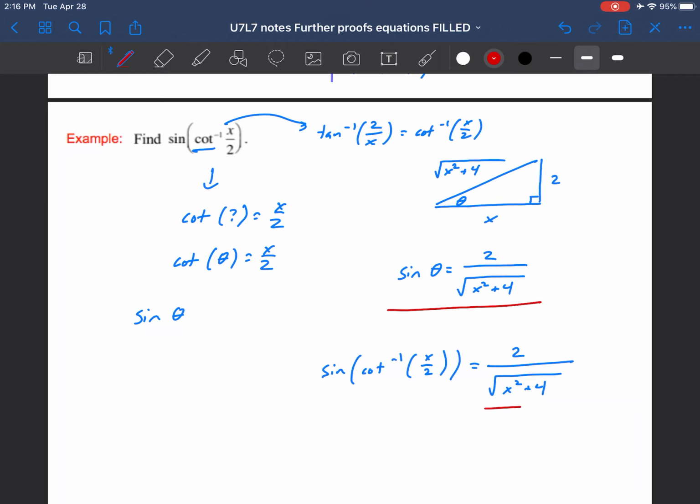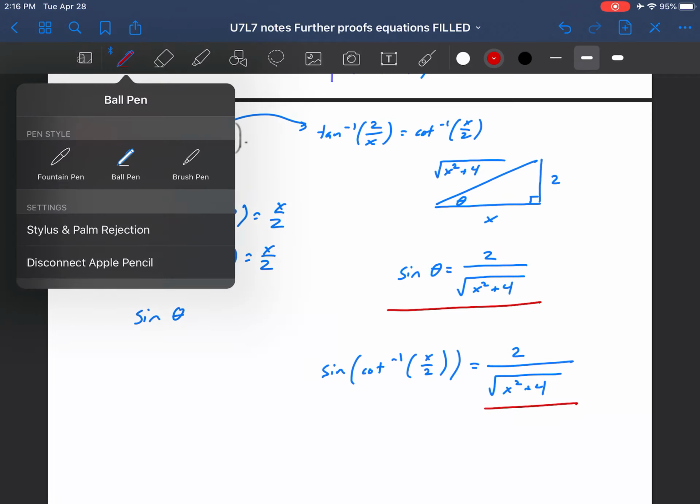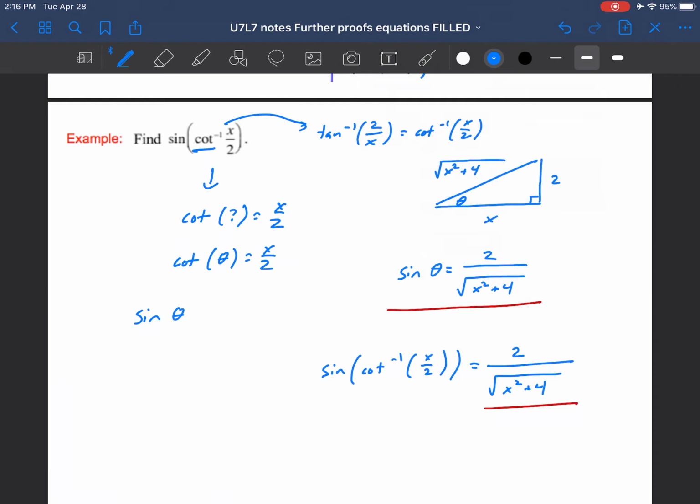Okay? And I guess I'm going to write it here because it's important to know. And it should have been in the reading that you did, but it's always good to remind ourselves of it. So the sine inverse of anything will always give an answer between negative pi over 2 and pi over 2, inclusive.